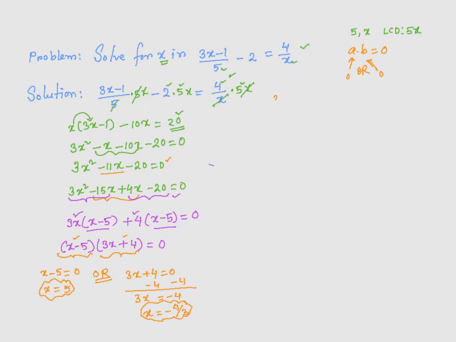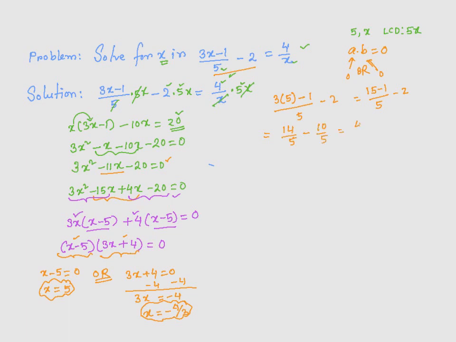So I'm going to evaluate the left hand side. 3 times 5 minus 1, divided by 5 minus 2. So it's going to be 3 times 5 is 15. 15 minus 1 divided by 5 minus 2 is equal to 14 over 5 minus 2. So minus 2 is, by the way, 10 over 5.